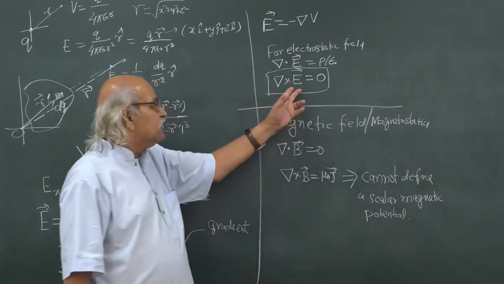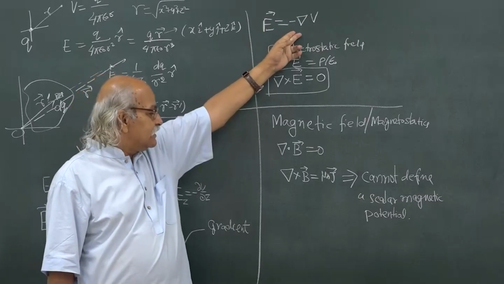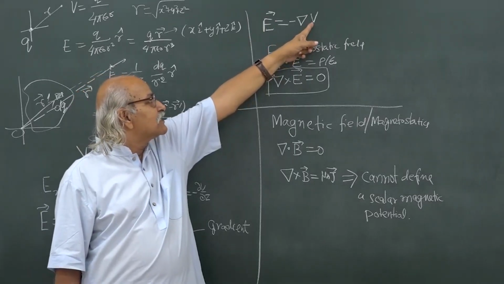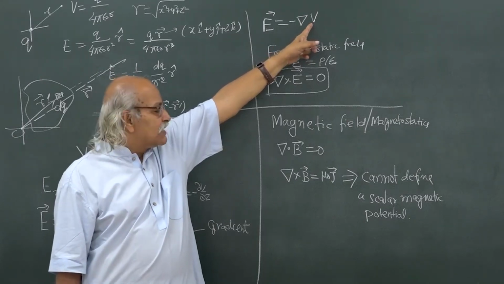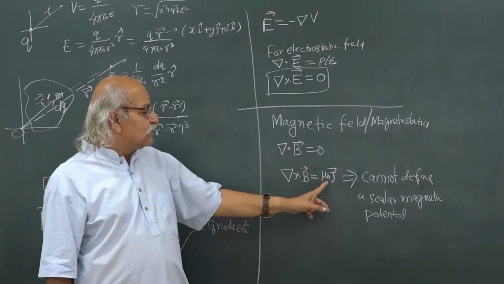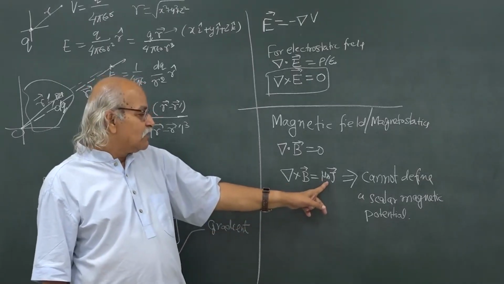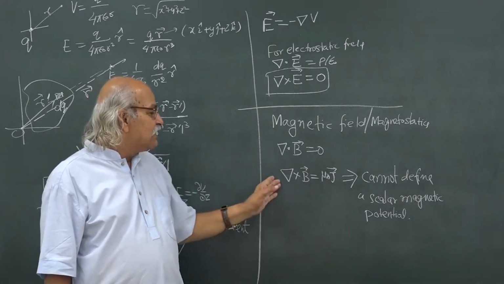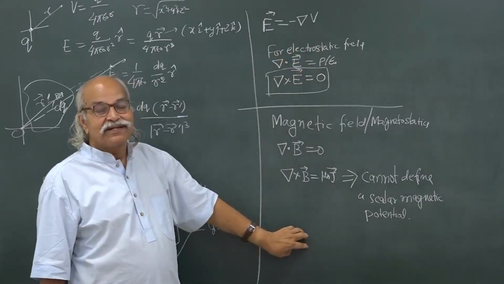Since curl of E was 0, we were able to define E as a gradient of V, and therefore, we could define this scalar electric potential V. But here curl of B is not 0 everywhere, and therefore, you cannot define a scalar magnetic potential, so that B equal to some minus gradient V type equations you cannot write.